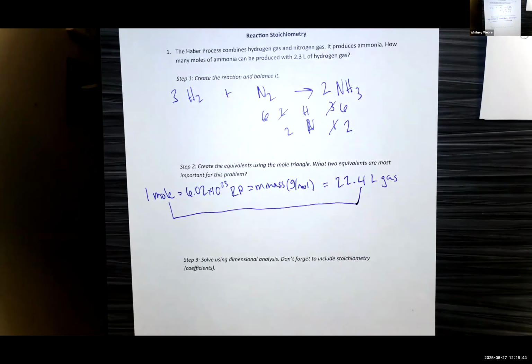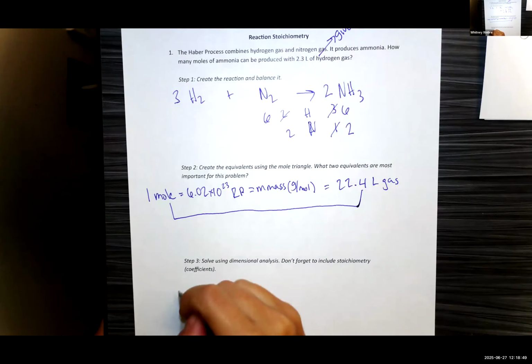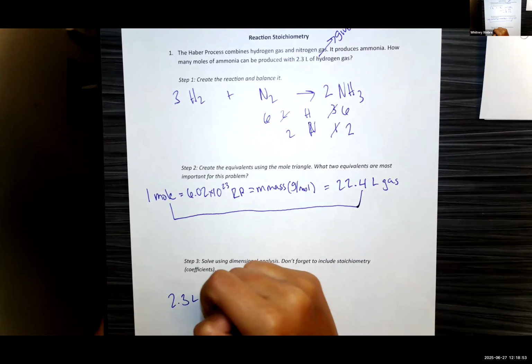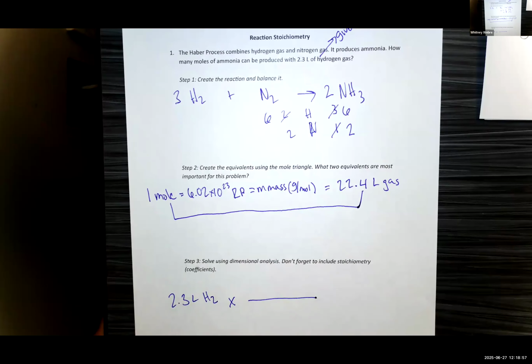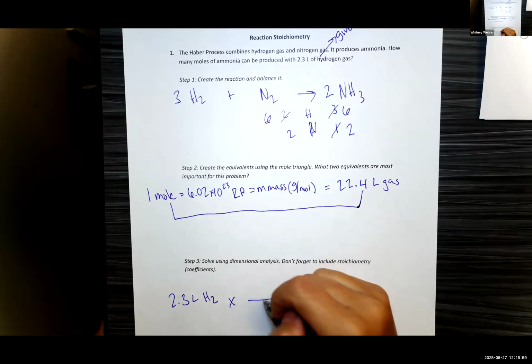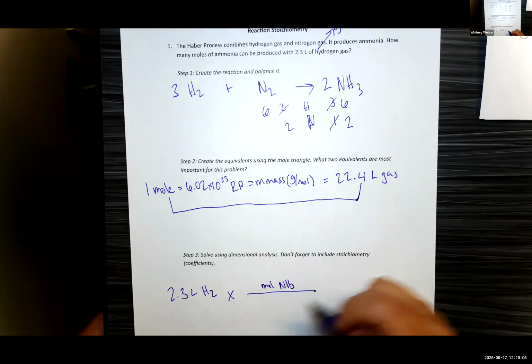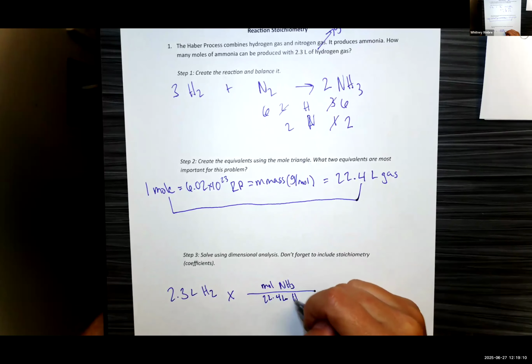So if you're starting with the given 2.3 liters of hydrogen gas, and it wants you to convert it into moles of ammonia, I want moles of ammonia on top, and I want my 22.4 liters of H2 on the bottom.